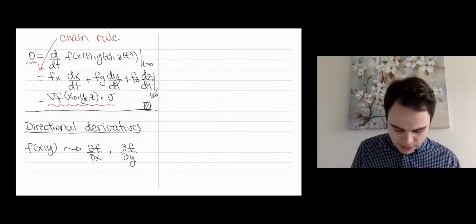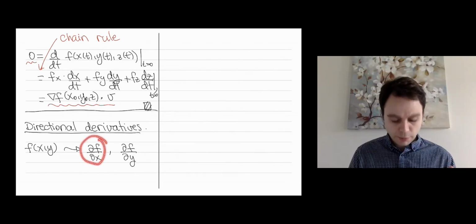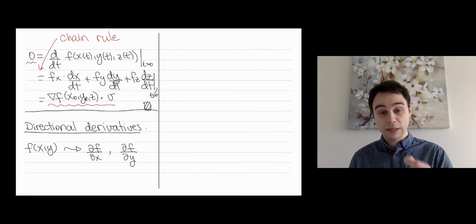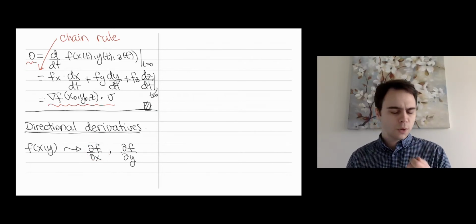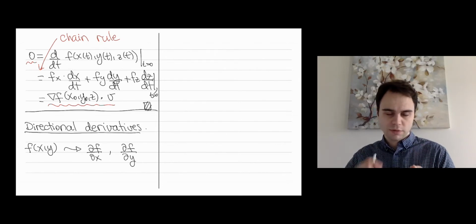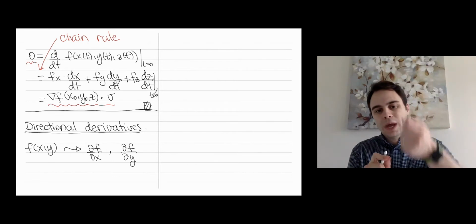And these two derivatives, let's recall what they're doing. When I take the x partial, I fix the y variable. So this partial, if I evaluate it at a point, I get a number. What is this number telling me? It's telling me how fast f changes if I fix y at the y coordinate at that point, but let x change.